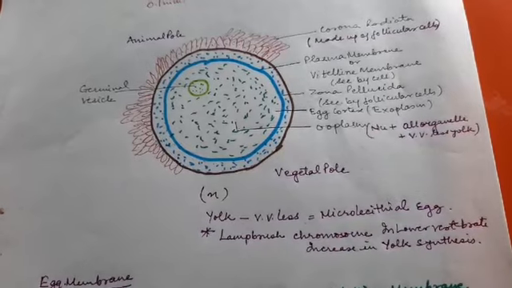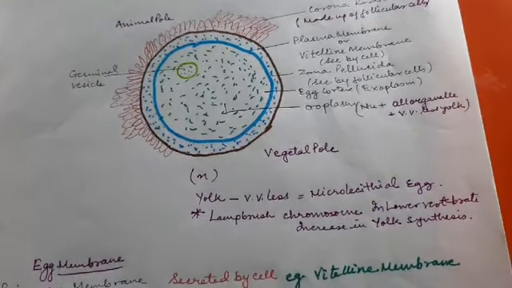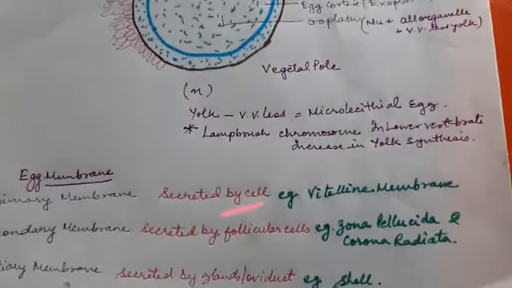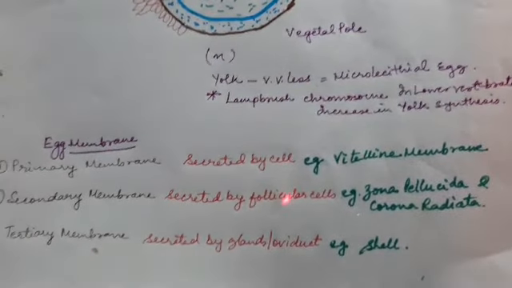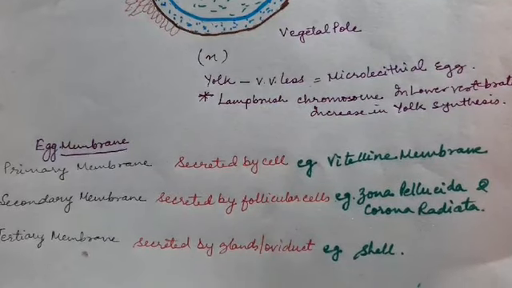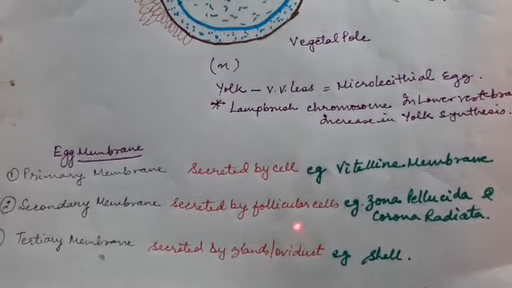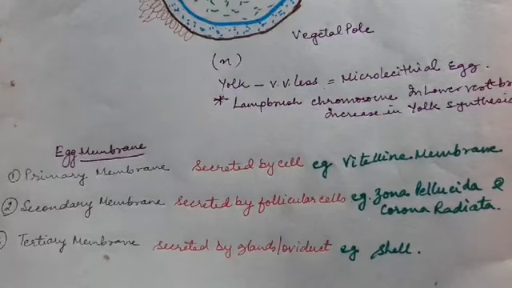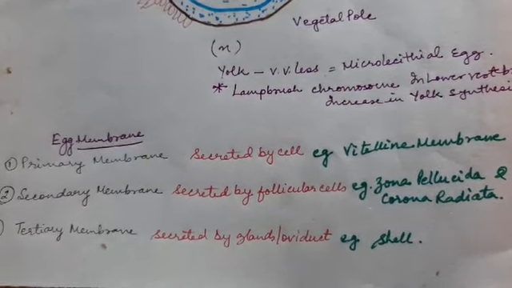So, we see here that the first layer was secreted by the cell, the vitelline membrane, the secondary membrane is secreted by follicular cells, and the tertiary membrane is secreted by the glands or oviduct, an example of which is the shell.